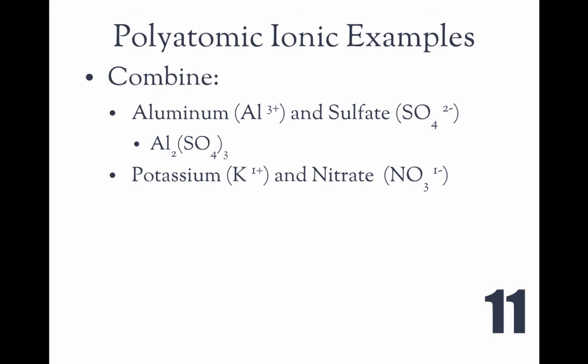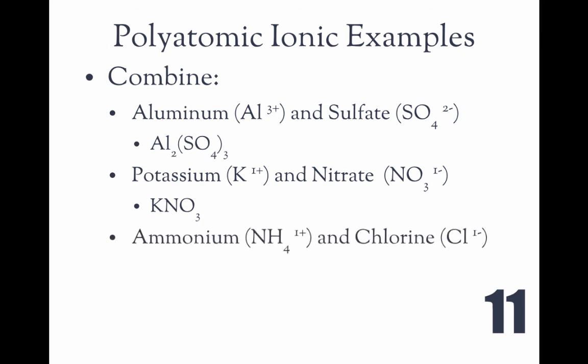Again, if I want to combine potassium and nitrate, K 1 positive and NO3 1 negative, I would make KNO3. I don't need the parentheses because there's not an extra subscript on the outside.